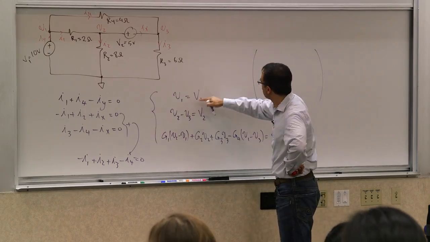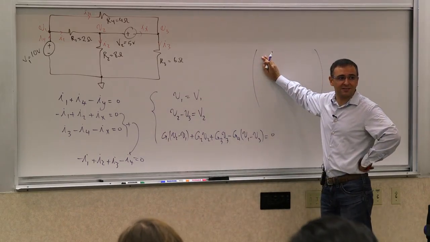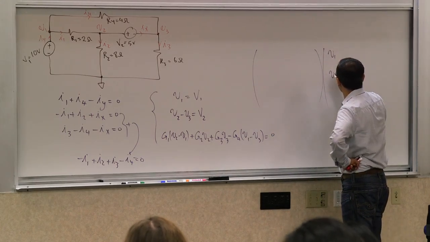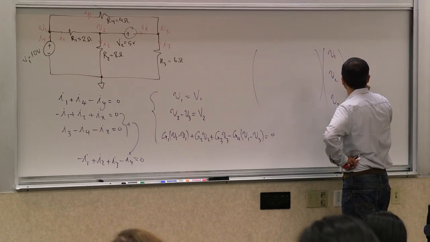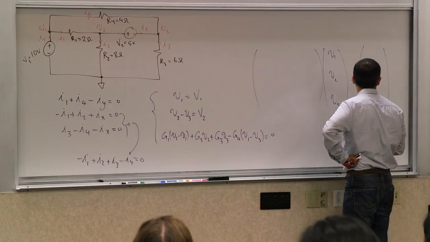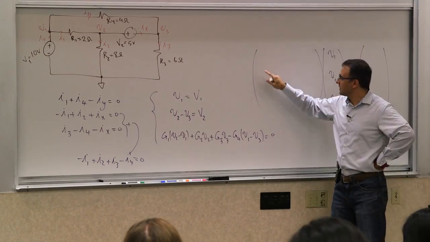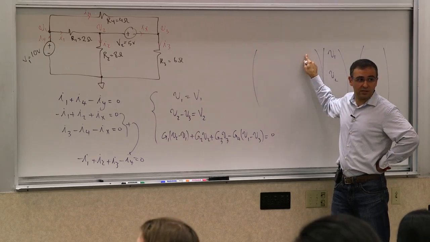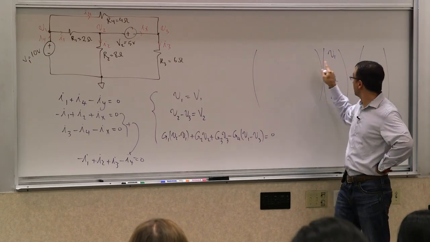So tell me what the first line of the matrix is using this equation. This is the matrix times V1, V2, V3 that produces the stimuli vector. So what is the first line? What are the terms? No, it can't be V1. V1 is here.